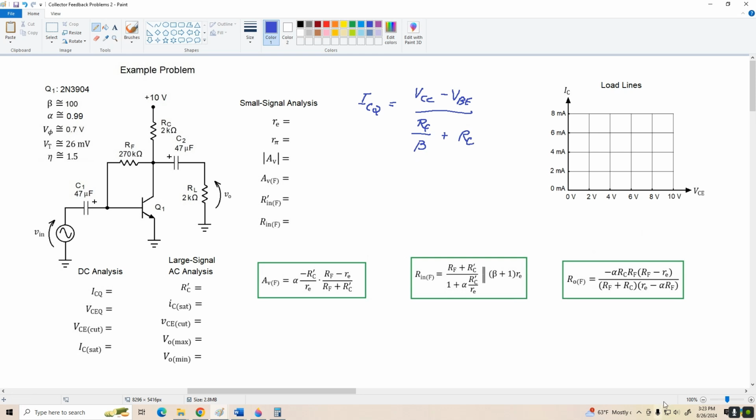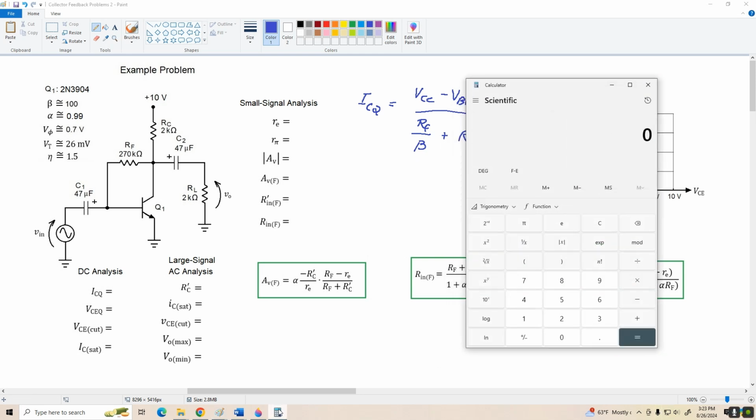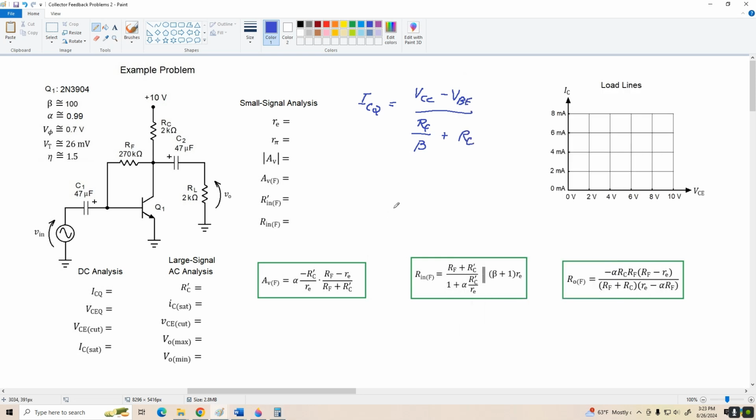That'll be our denominator. So let's call up our calculator here. We've got 9.3 volts divided by 4,700 ohms is a collector current of about, let's just call it 2 milliamps. Okay, so ICQ is 2 milliamps.